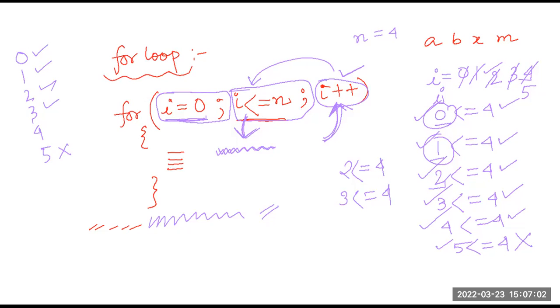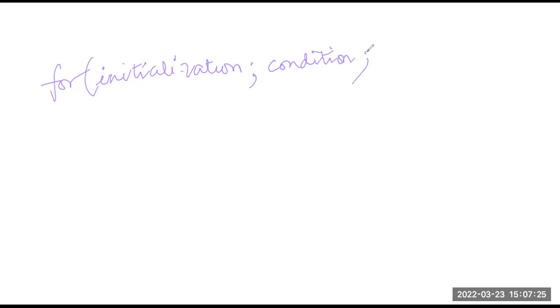Okay. So if you talk about the syntax, I have for, then I have the initialization part, right? Then there is a semicolon. Then I have the condition part, whatever your condition is, then there is a semicolon.